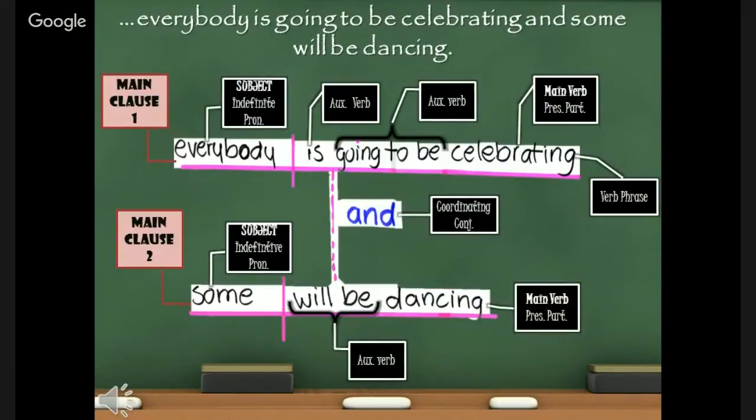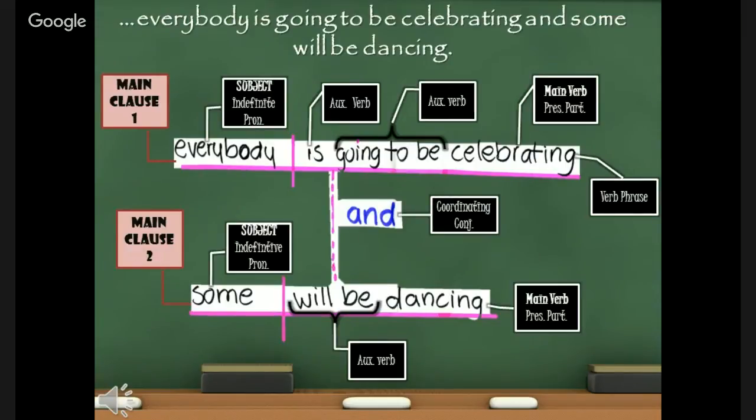We are going to start with the two main clauses that are everybody is going to be celebrating and some will be dancing. Everybody is going to be celebrating is the main clause number one. Everybody is our subject and it is an indefinite pronoun. Is the auxiliary verb to be. Going to be is the auxiliary verb that expresses the future and celebrating is the main verb in present participle.